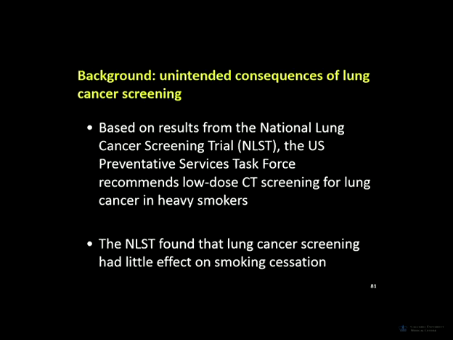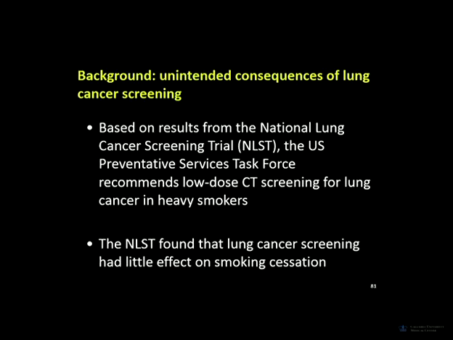Now, it's being used wisely only in patients who've had significant smoking history, who are, I believe, age 55 and above. So it's not screening the whole population. It's a relatively high-risk group. But one thing that came up in the trial where they showed that this was a good screening tool, it had little effect on smoking cessation in the people who were screened.